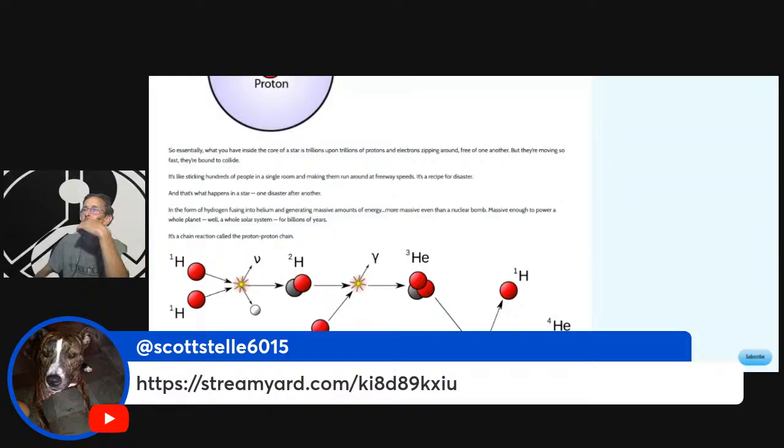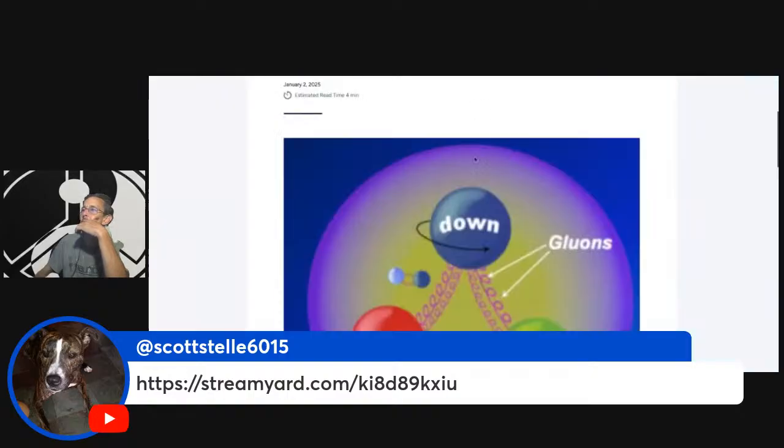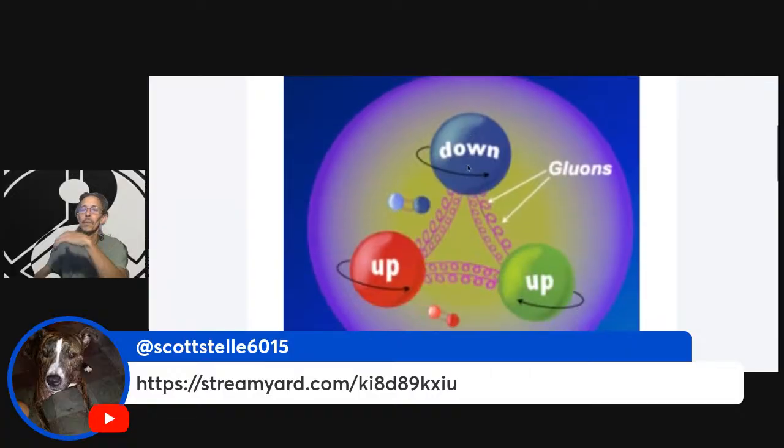Share this tab instead. So this is inside of a proton. You have two up quarks, you have a down quark, and you have gluons, which are the bonds that hold them together. That is the strong nuclear force right there. The bonds that hold the up quarks and the single down quark together.